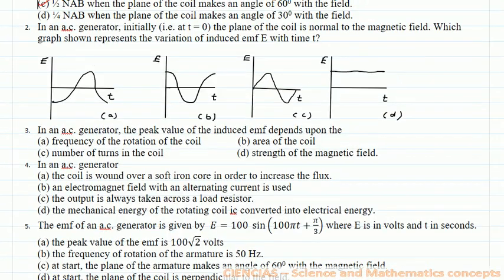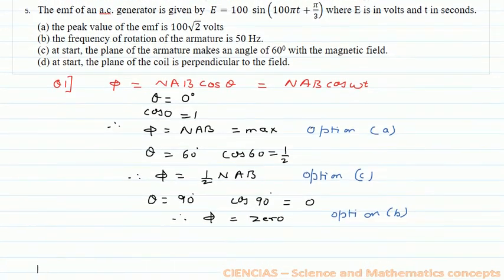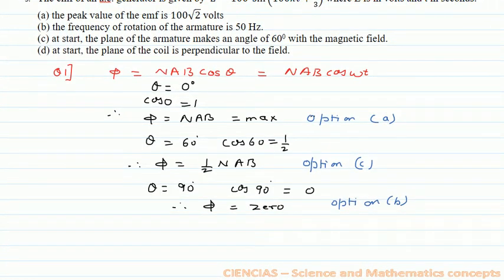Now for question number 2, EMF is equal to minus d phi by dt. Now flux is equal to NAB when theta is equal to 0, that is maximum.